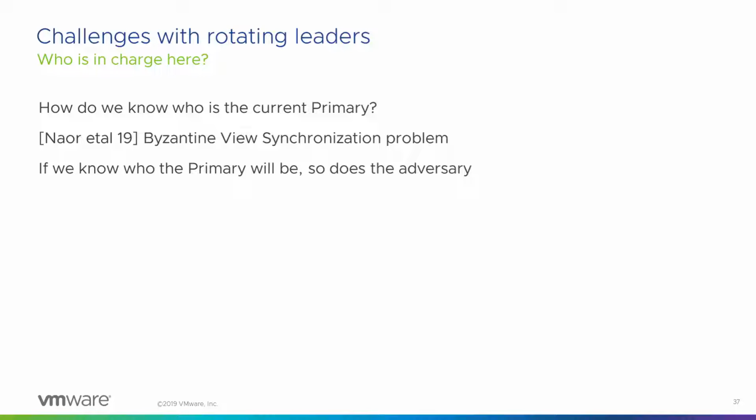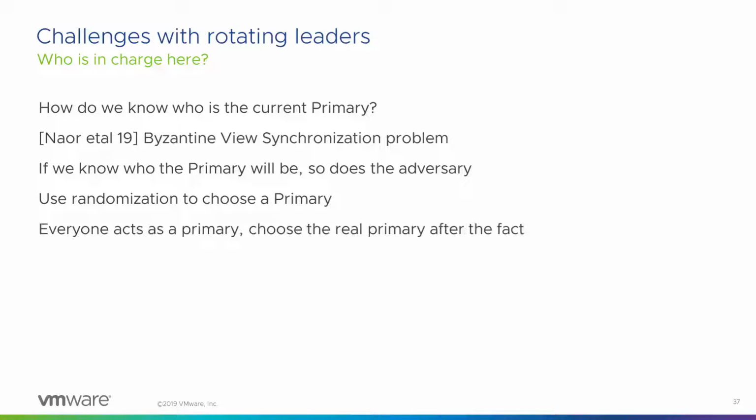And the other problem is, if there's a primary and we know who the primary is, the adversary also knows who the primary is, and the adversary is going to launch a denial of service attack on that. And so the approach is to use randomization, and even if you use randomization, well, okay, you have a surprise primary, but then we go and attack it after we figure out who this primary is.